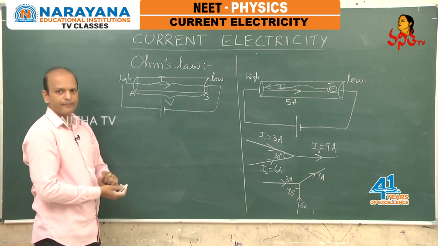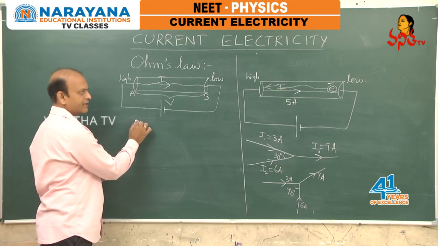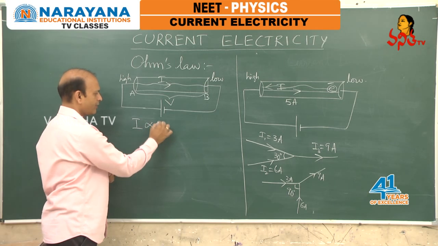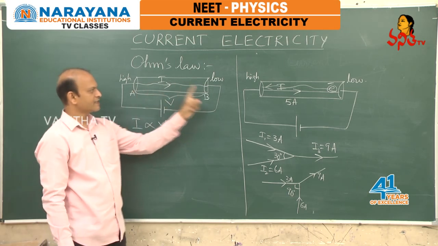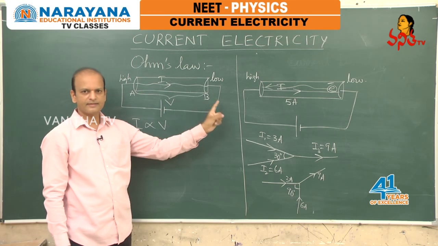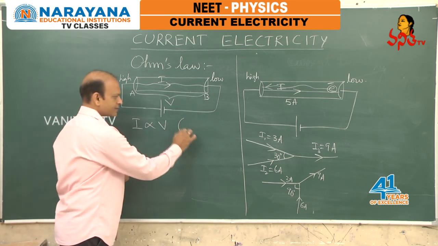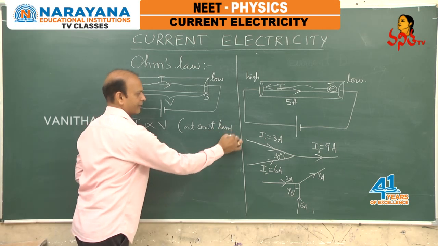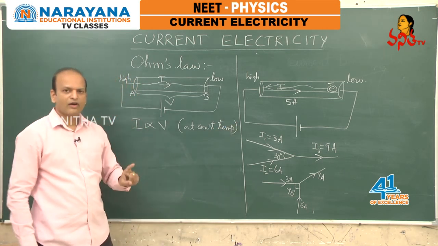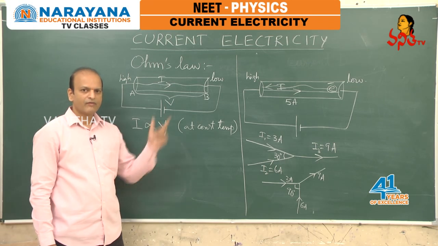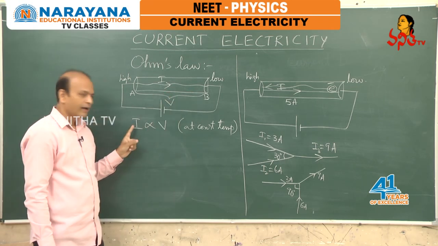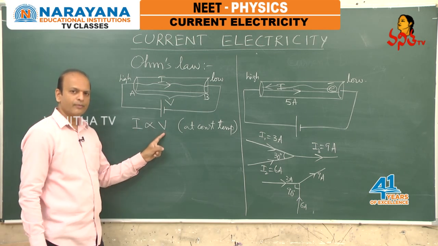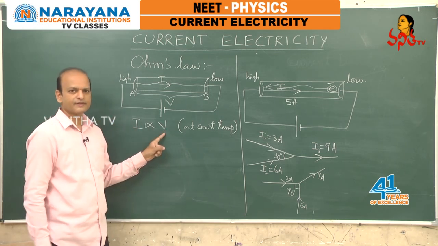What does Ohm's law say? It says that the current passing through this conductor is directly proportional to the potential difference applied across its ends, but at a constant temperature. As long as the temperature is constant for a given material, the current between any two points is directly proportional to the potential difference between the two points.